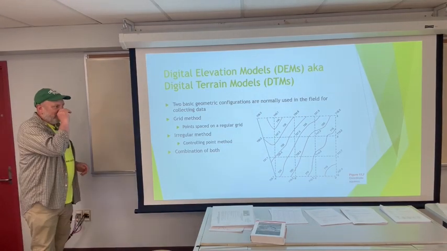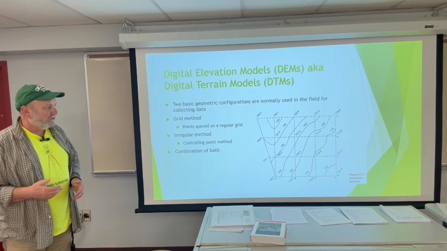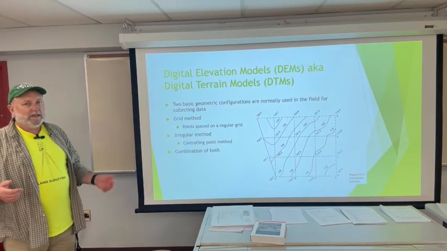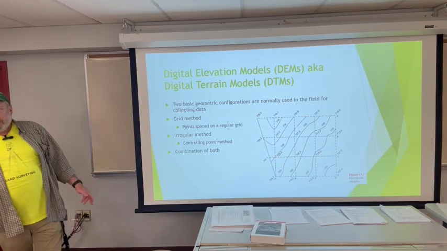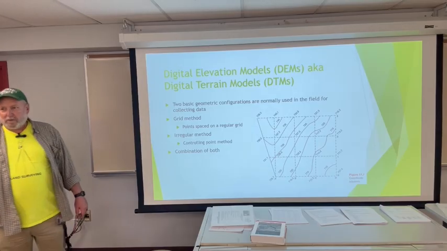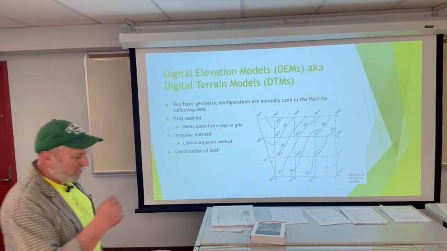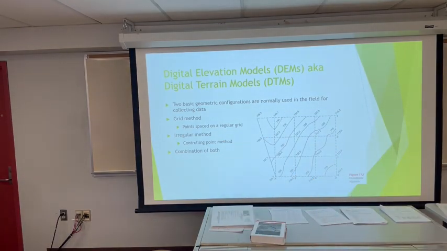It's not uncommon if you're going to go do a topo, the engineer or whoever's giving you the job will say, we need ground shots done every 50 feet, 25 feet, whatever. So you basically will start walking. If I'm doing a 50-foot grid, I'm going to get a shot, walk 50 feet and get another elevation shot, 50 feet, another elevation shot.